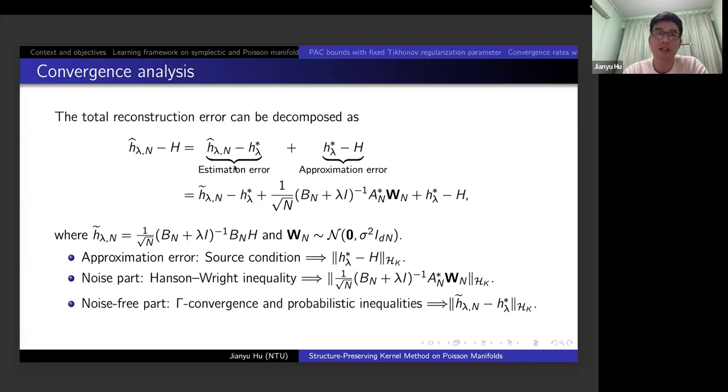In fact, we can decompose the total reconstruction error into two parts, the estimation error and the approximation error. The estimation error can be further decomposed into the noise part and the noise-free part. And we can use these techniques to analyze each part.